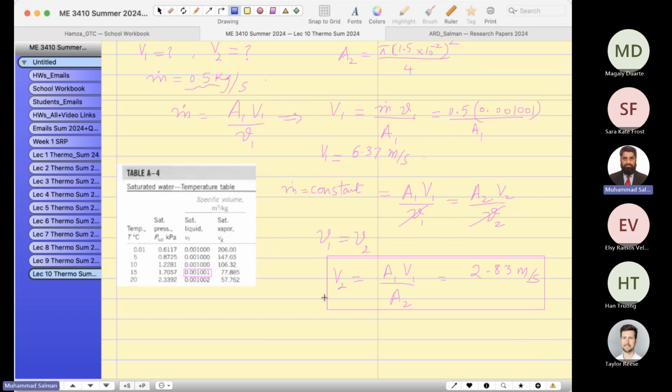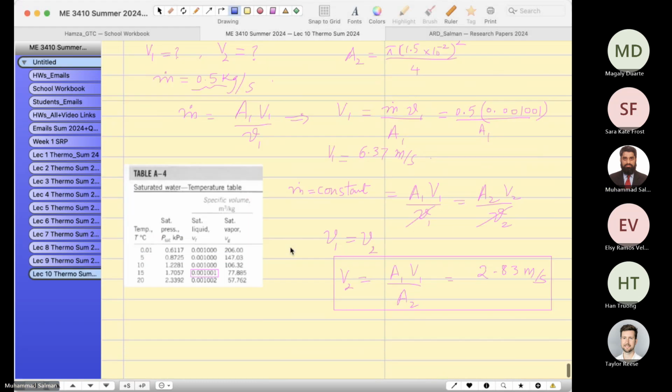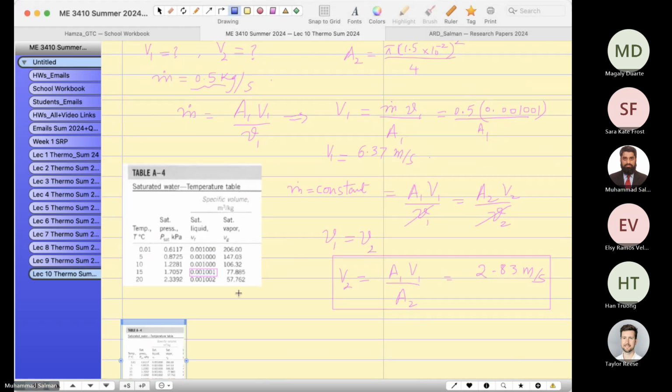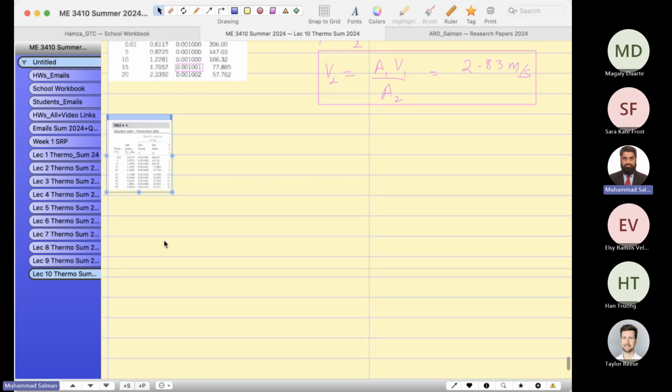The next question asks what will happen to these velocities if the inlet temperature is increased. So we have to see the table. Let's go to the table, 40 Celsius. What is the specific volume at 40 Celsius? It will change, and we will calculate the new velocity if the temperature is increased.